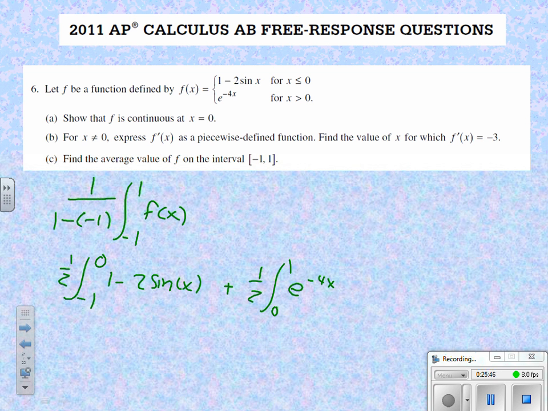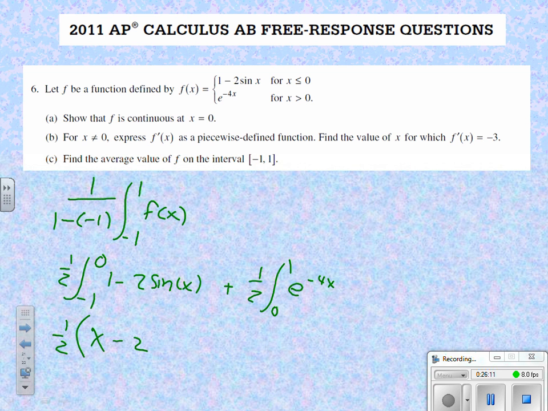So, I've got a -2 right here in front of a cosine. Is the antiderivative of negative sine positive cosine or negative? Negative. It actually is. Antiderivative of 1 is x. I'm just going to bring the -2 along.